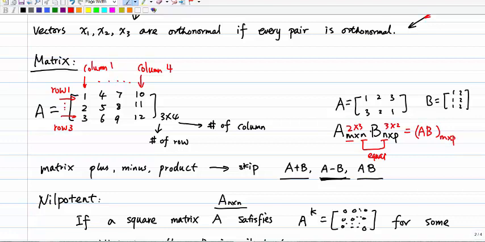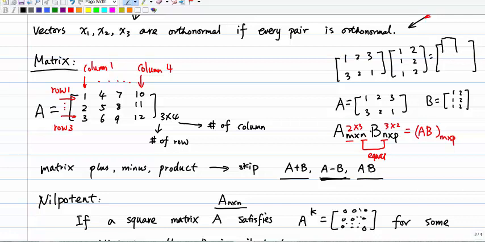Okay, the computation is given by this, and I'm going to briefly review that. 1, 2, 3, 3, 2, 1, 1, 1, 1, 2, 2, 2. I'm only going to compute the first number over here. What you do is take the first row of the first matrix times the first column.